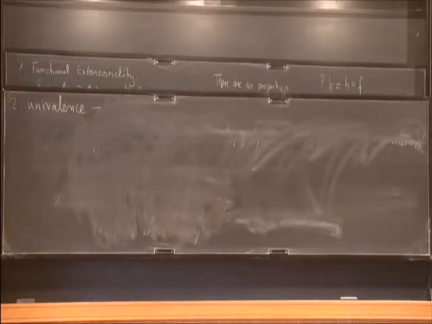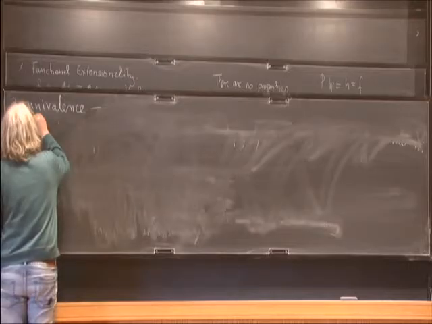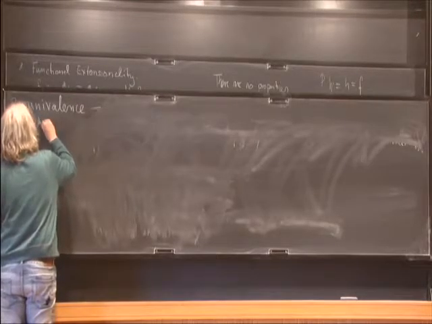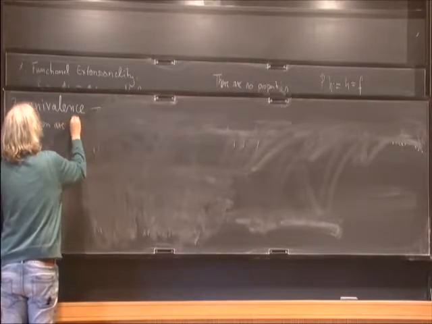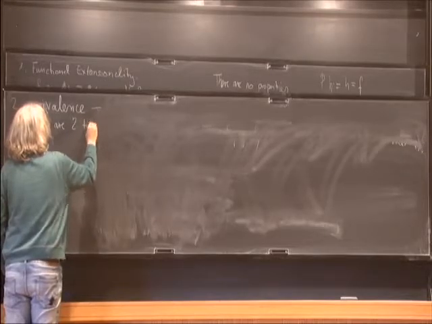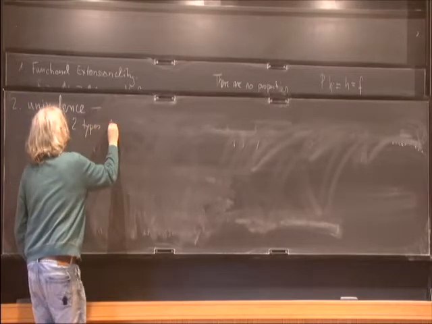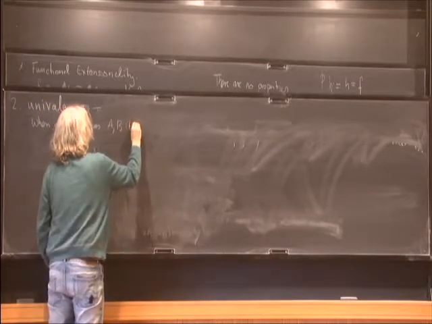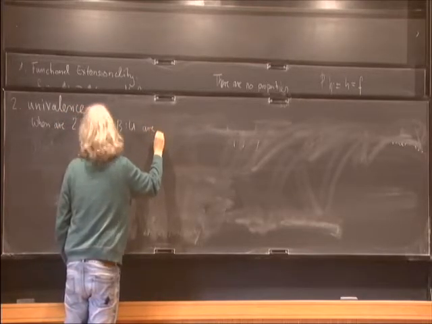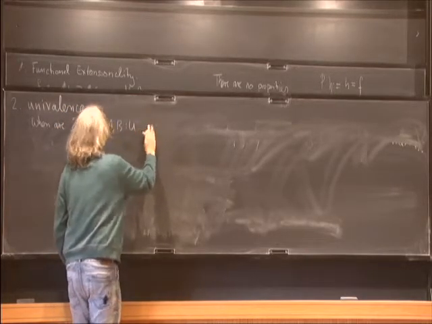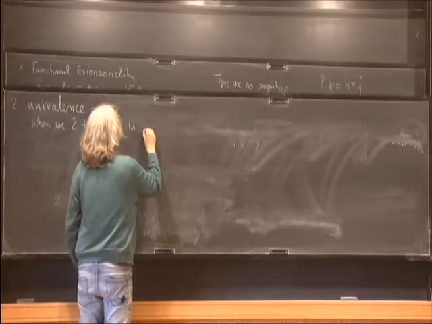But functions are not the only infinite objects. If you look in type theory, one other kind of infinite objects are types. So the question is, when are two types, let's say A, B in some universe U, equal?